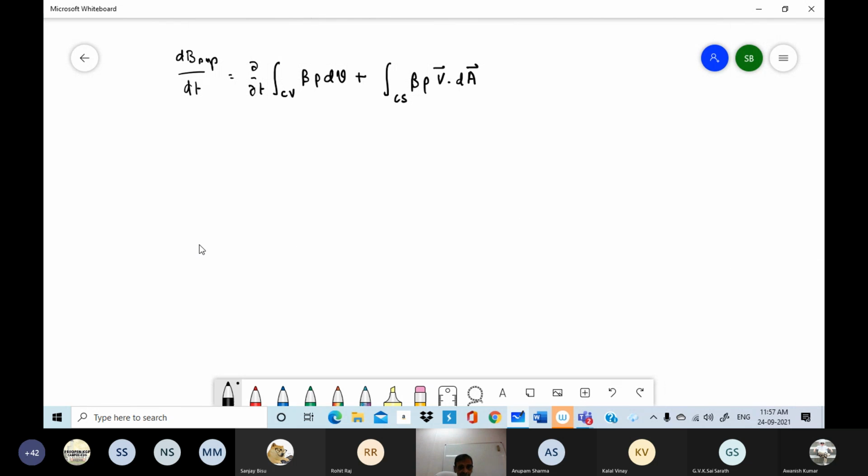Now in this case, our property B is a vector quantity. So in three-dimensional space, it's effectively three equations for the three components.